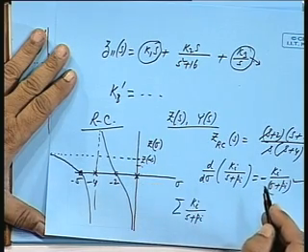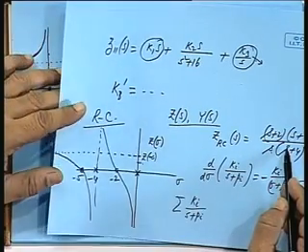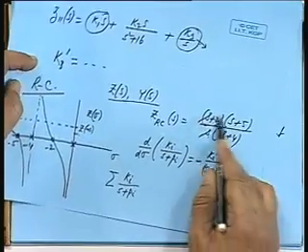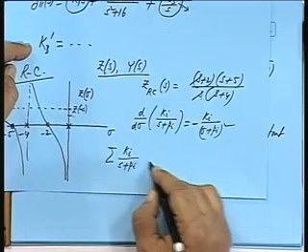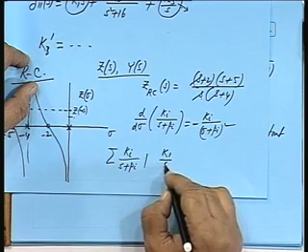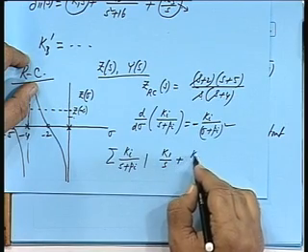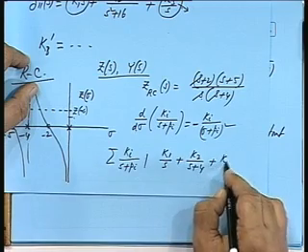What is Z infinity? What will it give me here? Now, in this particular example, it is 1. If I make partial fraction of this, it is K1 by s plus K2 by s plus 4 plus a constant K3.